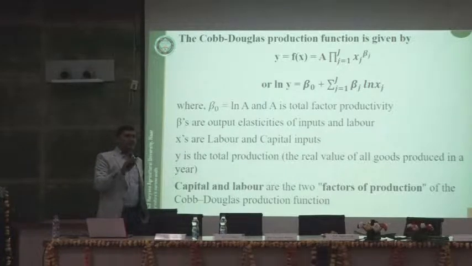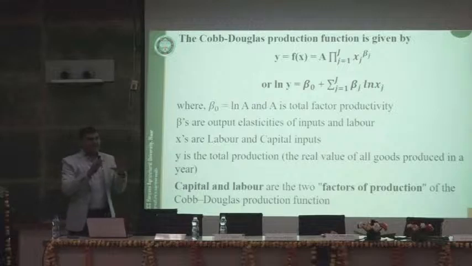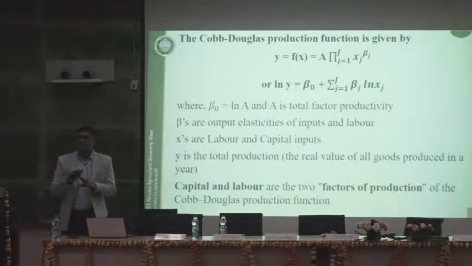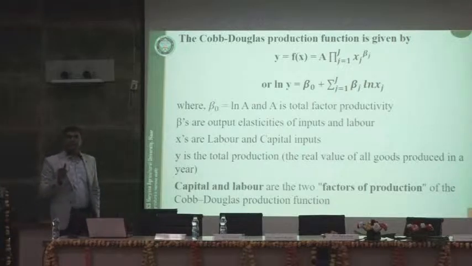Monotonic means that if your x variable is increasing, after taking the logarithm it will still be increasing. It will not change. That is the monotonicity, and that's why we are taking the logarithm here.